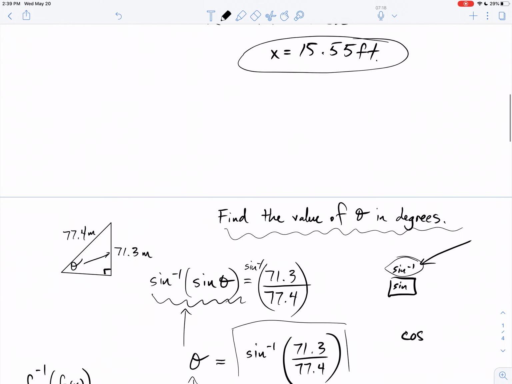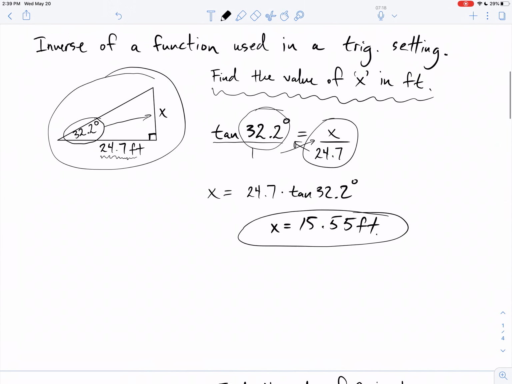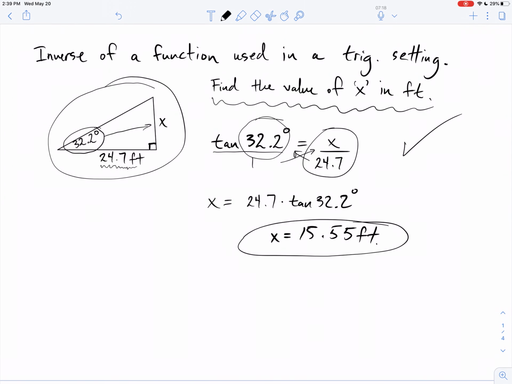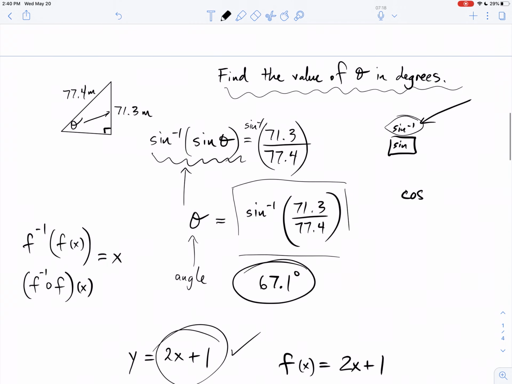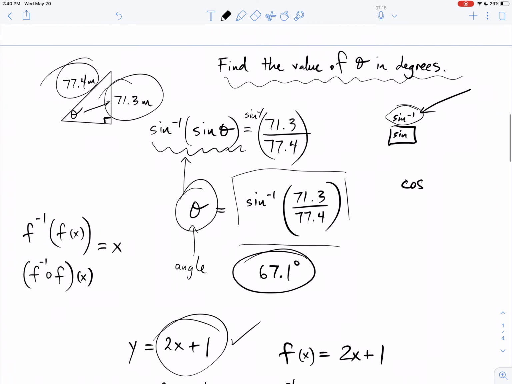Why did I go through all this background? Well, because you know this is truth. You can find a missing side if you know the angle and you know the trig. But you can find the missing angle if you know the sides and you know the trig. But all the stuff they taught you in geometry was in quadrant 1.